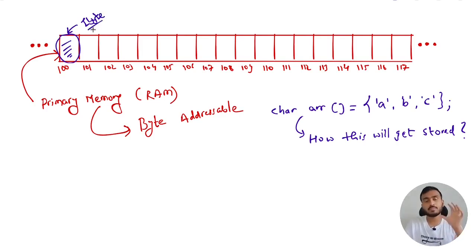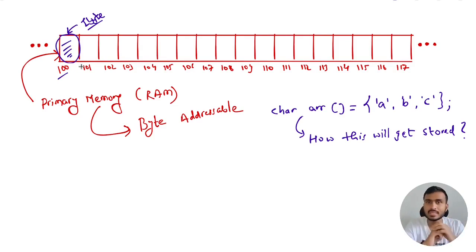One box represents one byte, and we call it byte addressable memory because each and every individual byte of this primary memory is going to have one unique address. We are going to talk about the term address in more detail when we start the pointers module. Right now let's not worry too much about it.